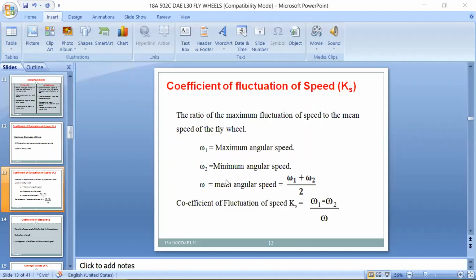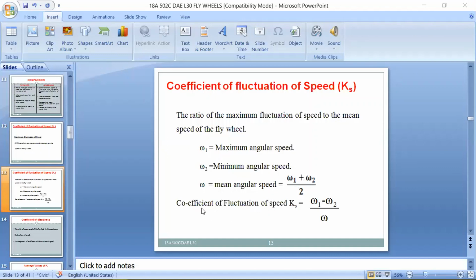The mean speed, the average of omega 1 and omega 2, is omega equal to (omega 1 plus omega 2) by 2. This is the mean angular speed of the flywheel.